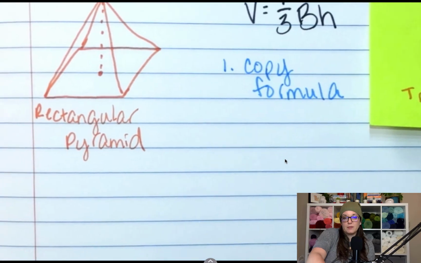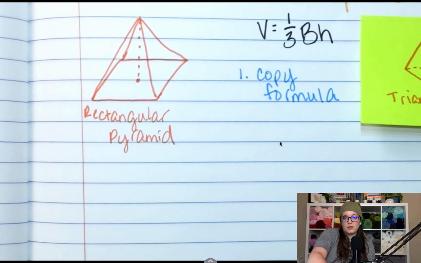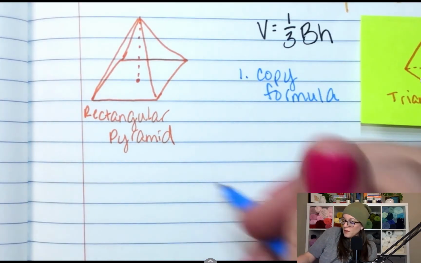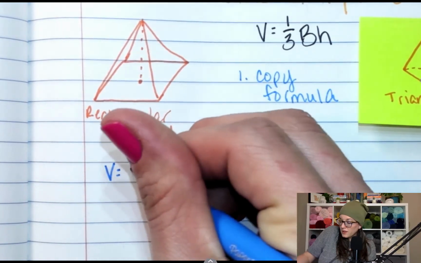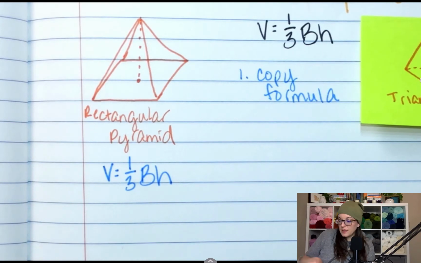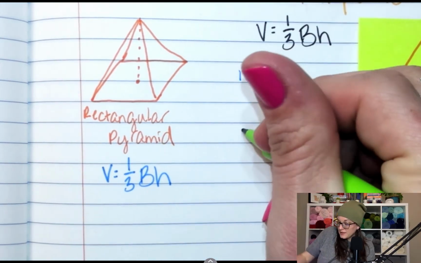We'll come back to it. All right, so we copy the formula. V equals 1/3 capital B H.